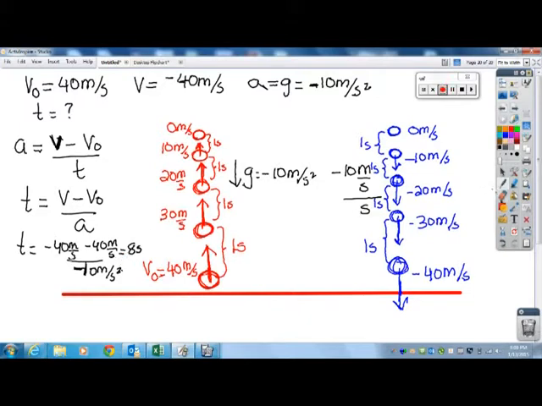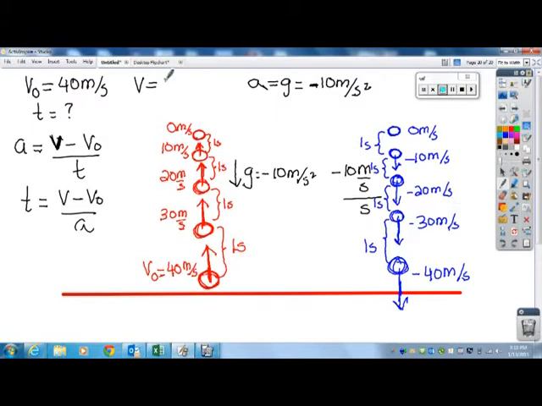And like I said, if somebody asks you how much time it takes to go up, you can do it conceptually, 4 seconds. Or if you want to use a kinematics equation, you can use it the same way we just used it. But if someone is asking you just for the time to go up, then for the initial velocity, you're still going to use 40 meters per second. The only change you're going to make is for the final velocity, because to go up means you're stopping right here.